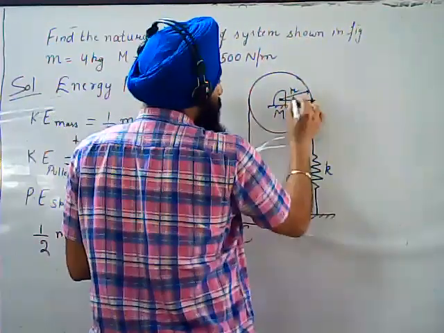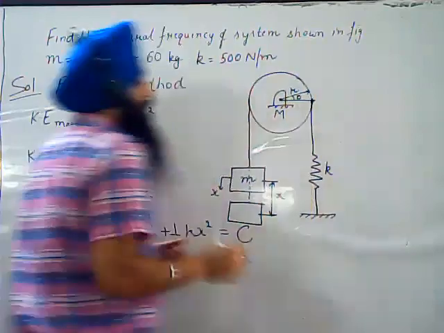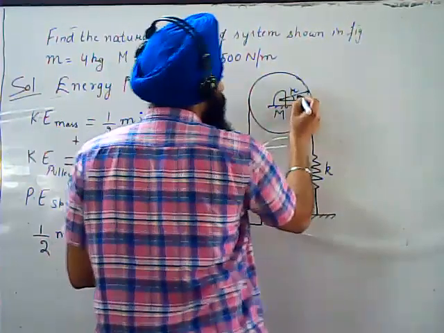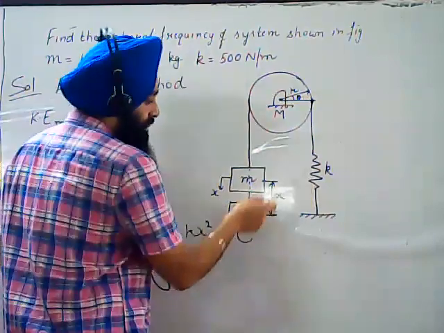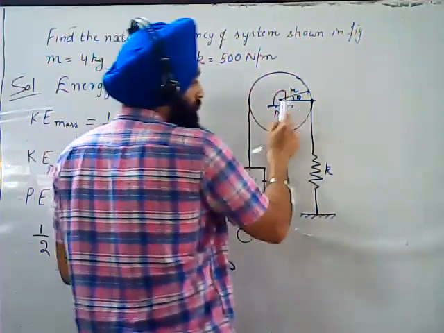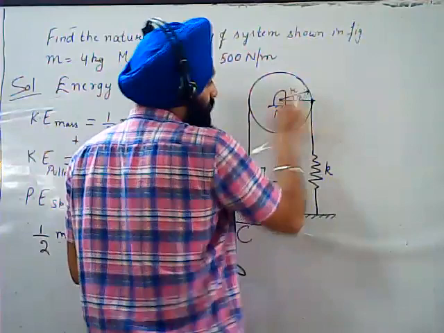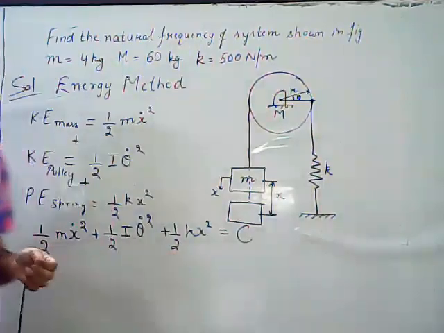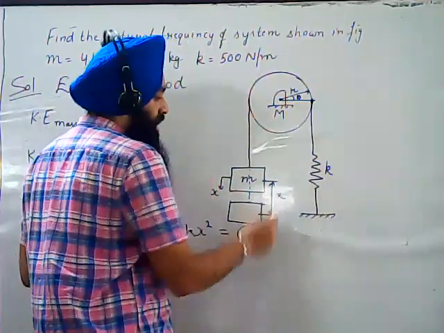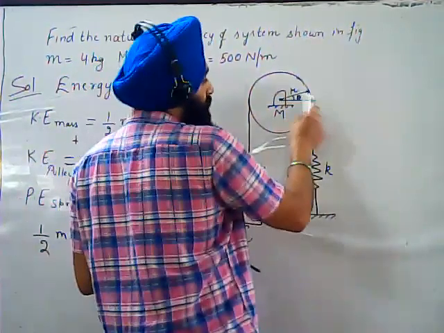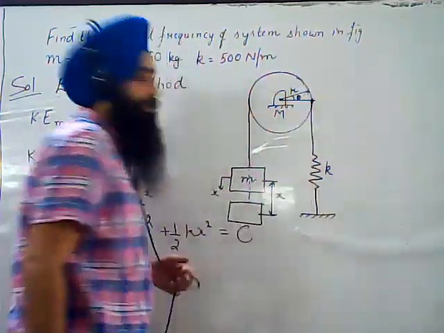So the rope will turn through an angle theta. When the mass is displaced by a distance x, the pulley is displaced by an angle theta.